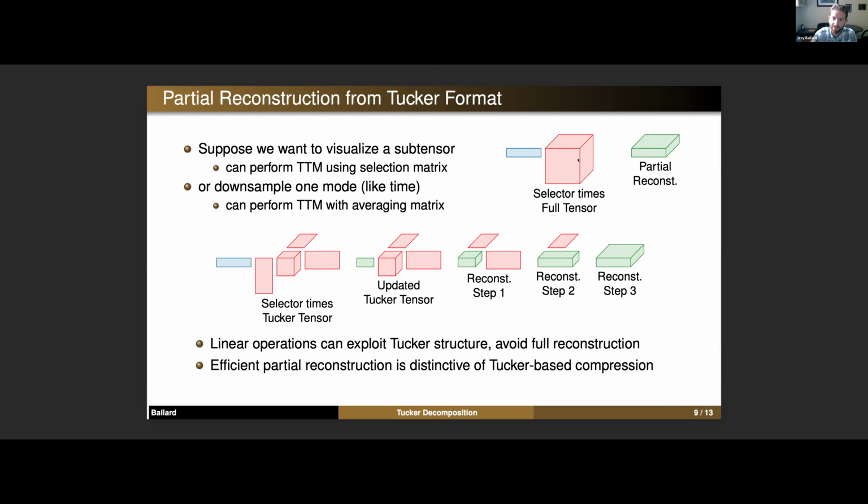I never form the full tensor. I just deal with small stuff. So this is a lot more efficient, both in terms of memory and computation. I'll give you a chance in the lab to play with this partial reconstruction and see how much faster it is. It's a nice feature of Tucker format compression. It's not true of all compression techniques. The nice part is because of the multilinear structure within our Tucker format tensors.